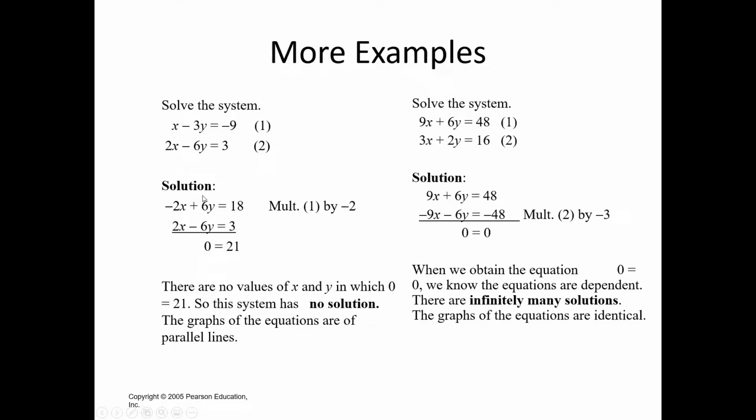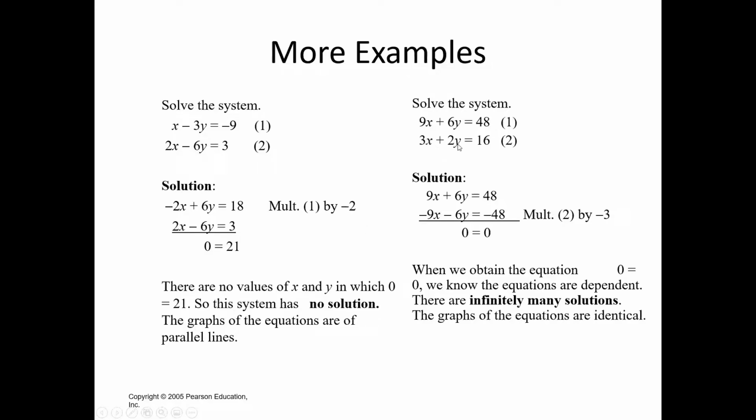I now have an opposite pair right here. Well, I've also got one over here, but that won't always happen. It's just on these problems that they're trying to show you inconsistent equations, okay? So this one is inconsistent. You get an untruth. There is no solution, and they are parallel lines.